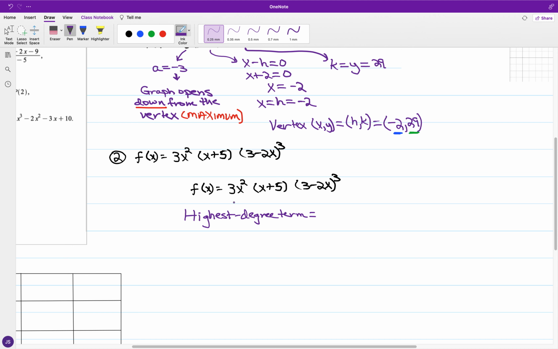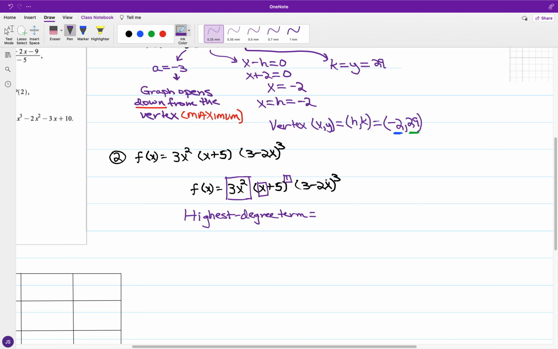Just looking at the components, you have 3 in front as a coefficient of the first factor. Taking the main components, we have at the front 3x squared. In the case of x plus 5, we have x plus 5 to the first, so between x and 5, we'll have x to the first.